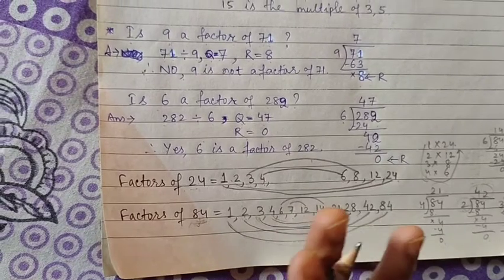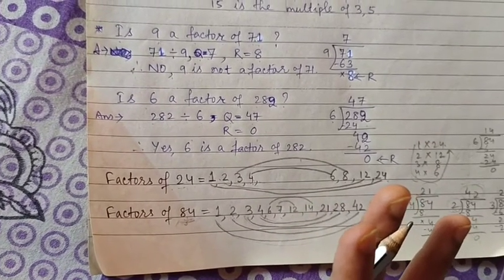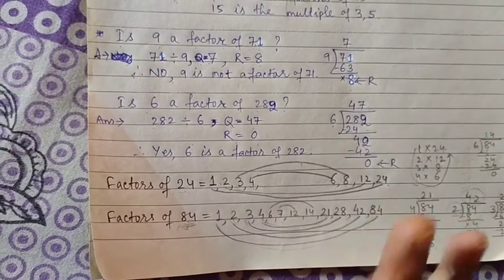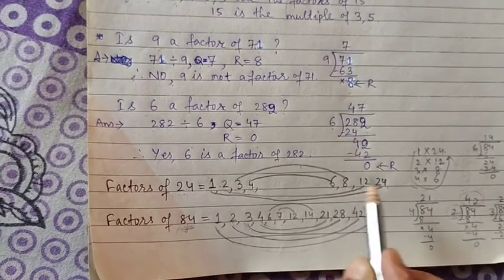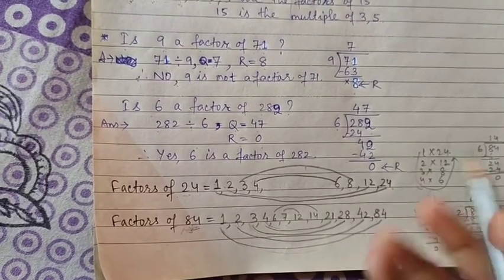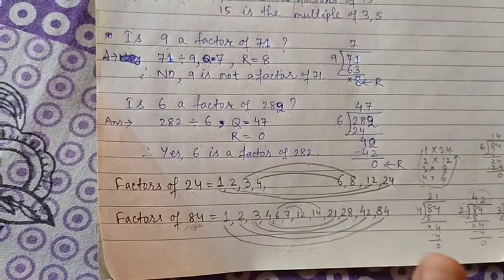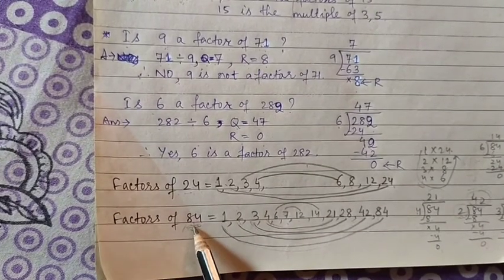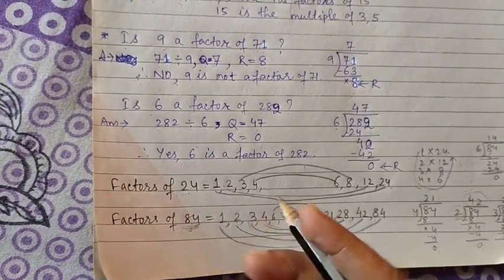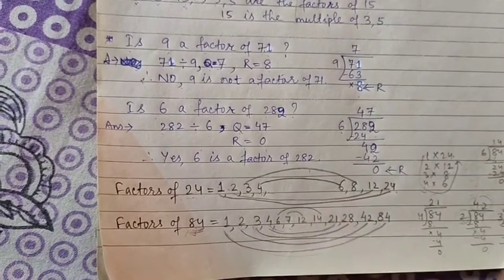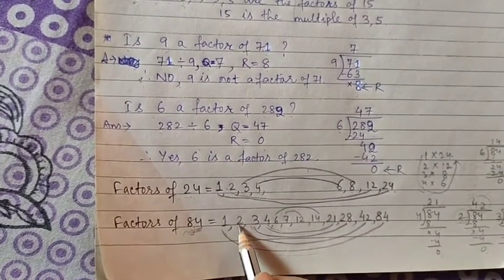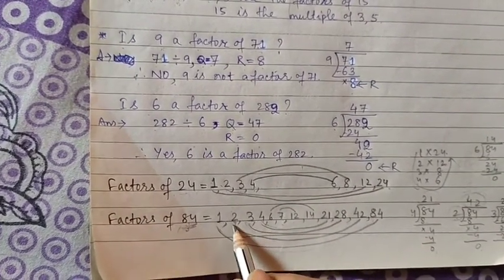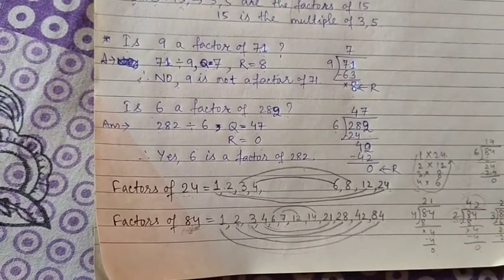Then 5. 5 है कि नहीं कैसे पता चलेगा? I told you, if ones place contains 0 or 5, then it is divisible by 5. So here 0 नहीं है ना 5 है, so 5 से कटेगा नहीं, so 5 को छोड़ दो. Then 6, you see 2 and 3 दोनों factor हैं, तो 6 will also be a factor.